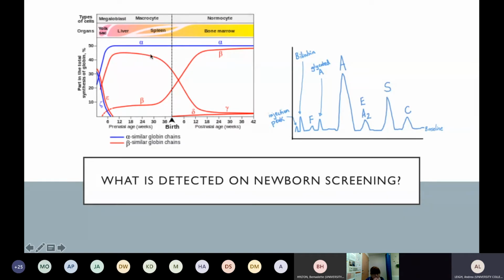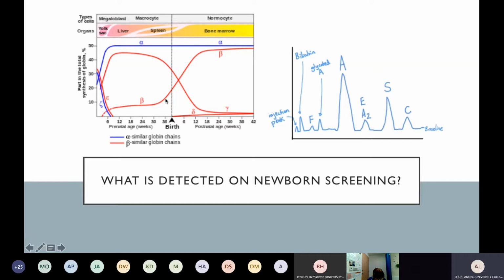So alpha globin and beta globin and gamma globin go together to make fetal hemoglobin. So at birth, the predominant hemoglobin is fetal hemoglobin. And the reason that people are often told that we see relatively few complications with sickle in the first 6 to 9 months, and often in the first year of life, is because there's still a lot of fetal hemoglobin around.